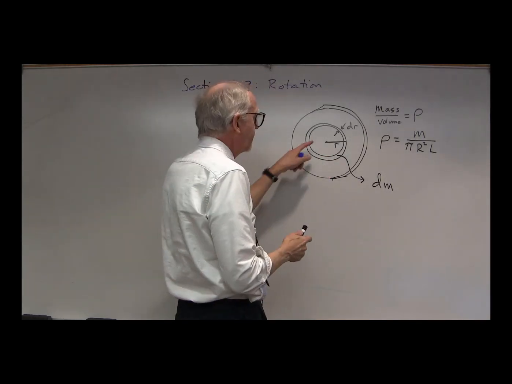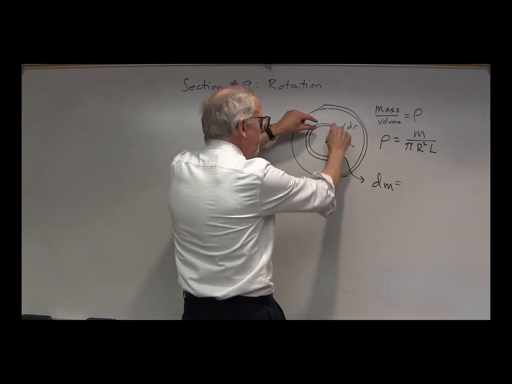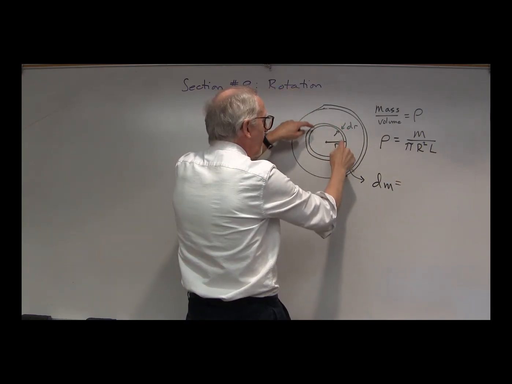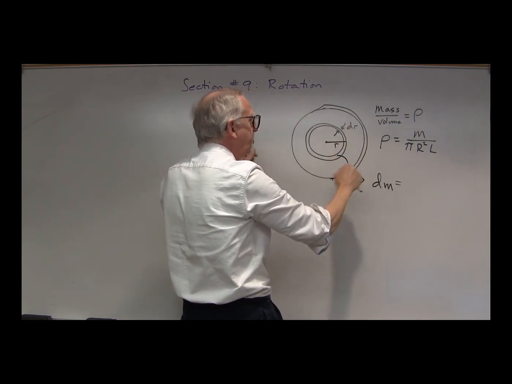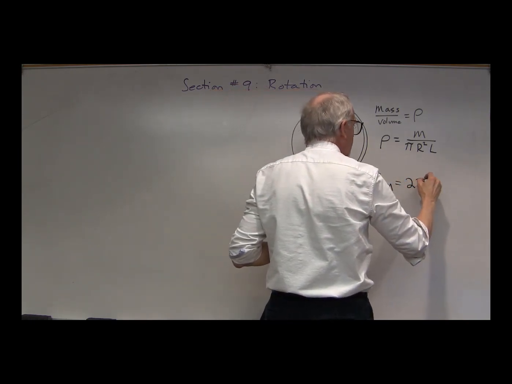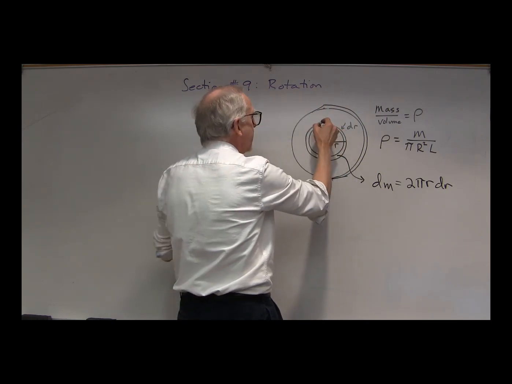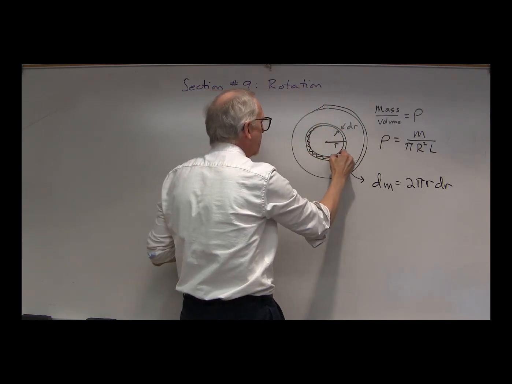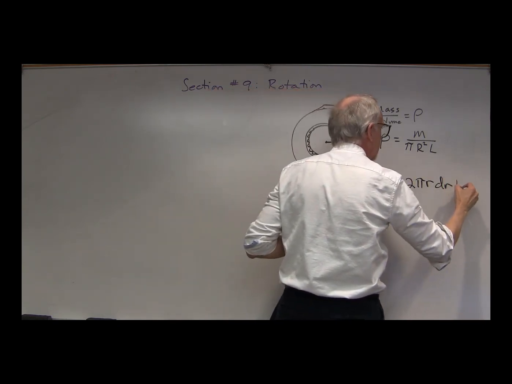Well, it's going to be the volume of the hoop. What's the area of this top? Imagine cutting this and stretching it out. That'll have a length of 2 pi r times a thickness of dr. So 2 pi r times dr, that's the area of the hoop here. And then times the thickness L.